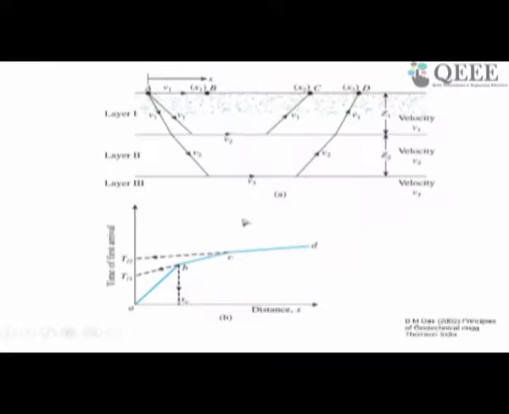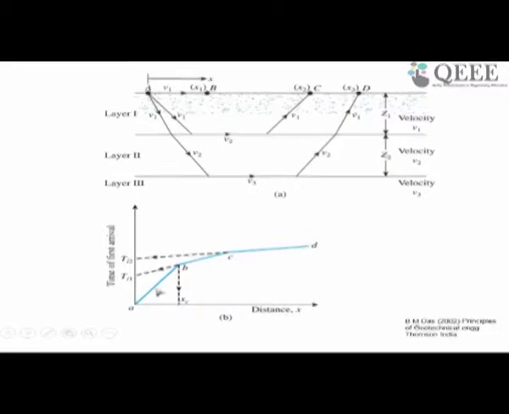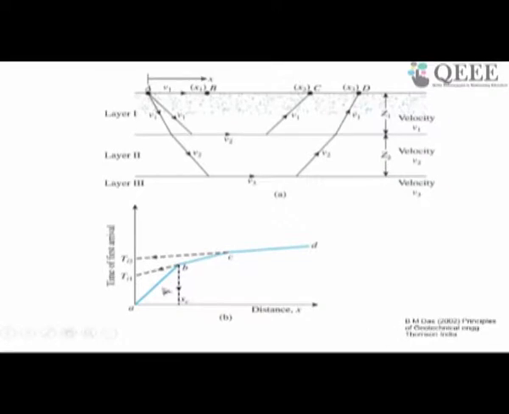Now a plot of this time against the distance x is made, and the graph will look like this, which will have different slopes. The slopes of the lines, say A, B and C, D, corresponding to different travel times, are calculated.